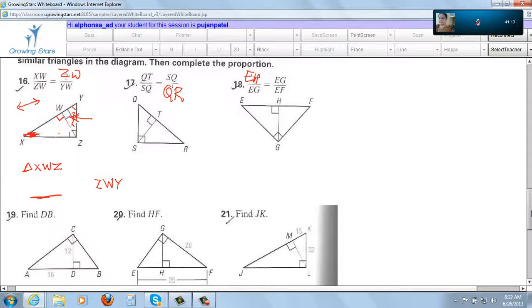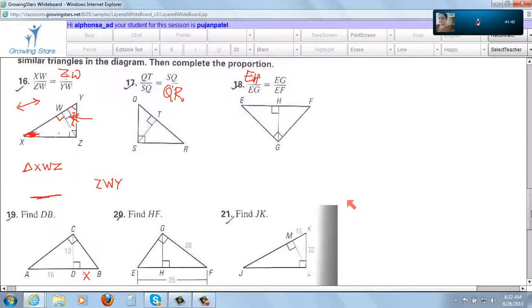Okay, now we come to numbers, right? Finding DB. So you put DB as x and write it using the geometric mean theorem. CD squared equals AD times DB.